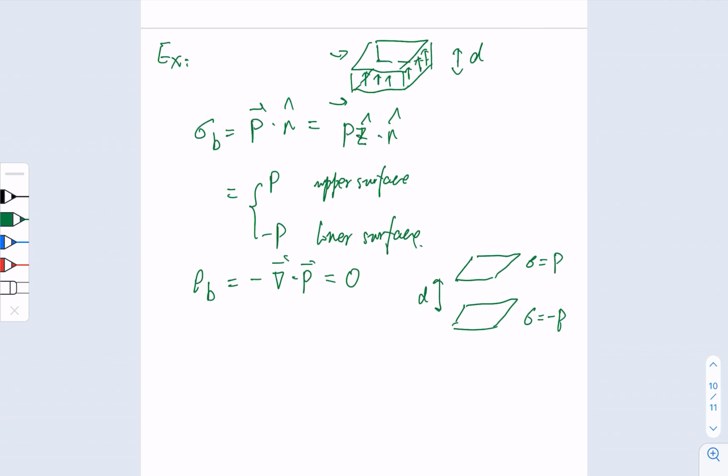Now, if you want to calculate the electric field generated by this material, then you can use Gauss's theorem and add a small pillbox, say on top near this surface, and you can calculate the E field.